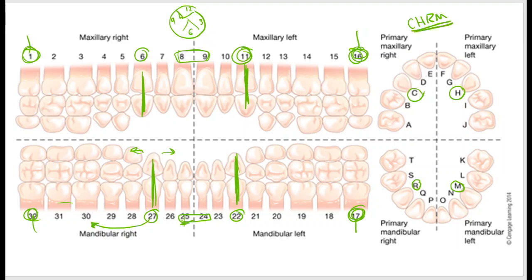My canines are my charm, although they're not in the right order here. CH, it should be MR, but just to remember. So charm, and again, when you have a D and then you know that C is a canine, you know what D is, like it's a lateral on the maxillary right, and so on and so forth.